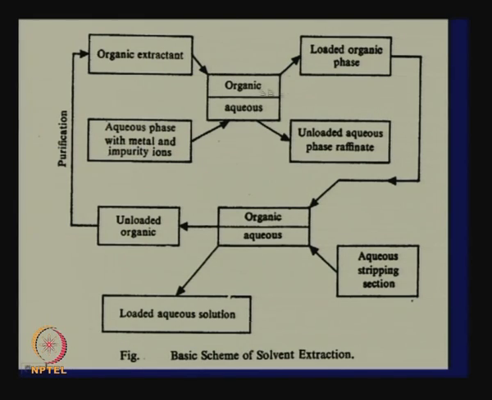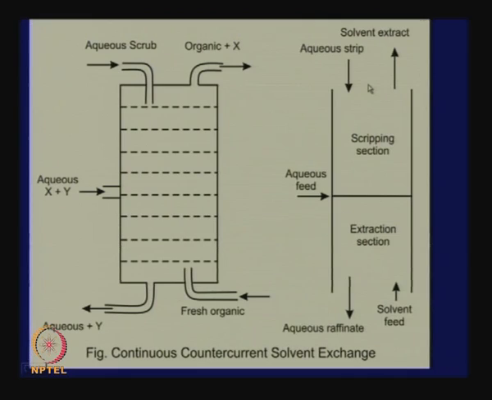So, we have a loaded organic phase, and we have now an aqueous stripping section, which will take out from the organic phase the metallic values that had gone. Now, this organic phase will become unloaded. Unloaded organic extractant will go there, and aqueous phase with a metal and impurity ions are coming here, and this is the basic scheme, but it will be done in a very complicated manner in the industry.